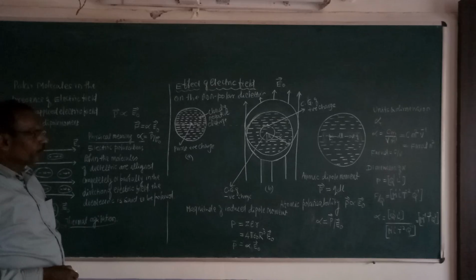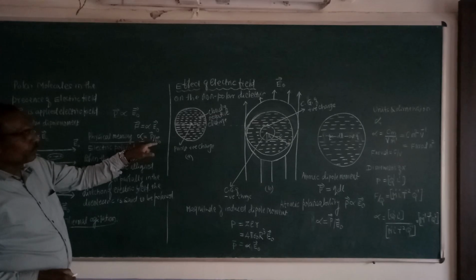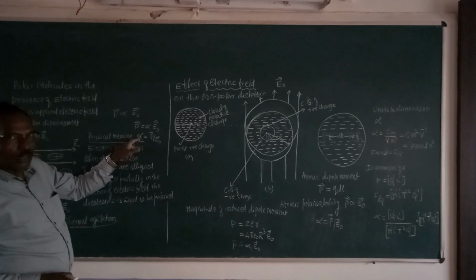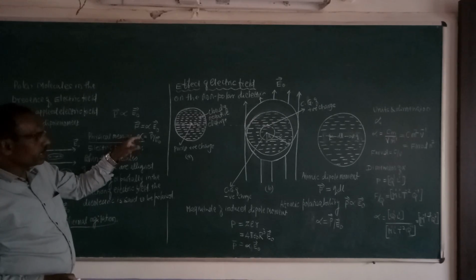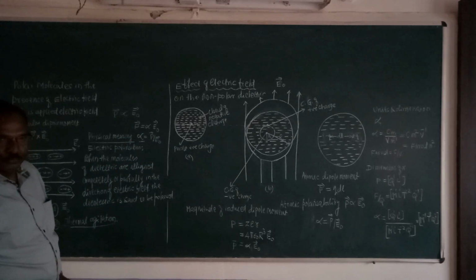It's the ratio P upon E0 for a given unit electric field. P is equal to alpha, the atomic polarizability, well, P upon E0.